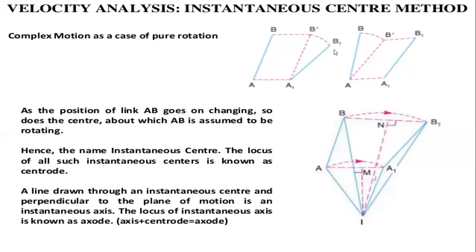We are drawing a line perpendicular to it. In the second diagram also you can see that A1 B1 is perpendicular to the original line AB. So we are locating these centers perpendicular to the plane of motion.